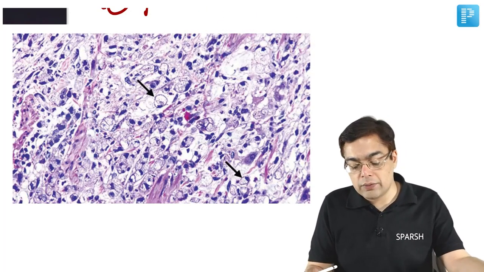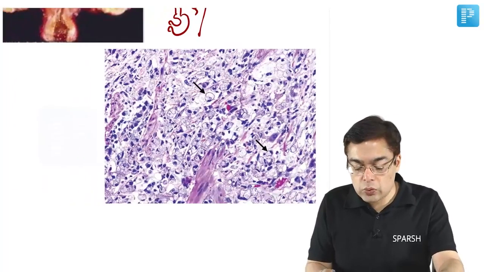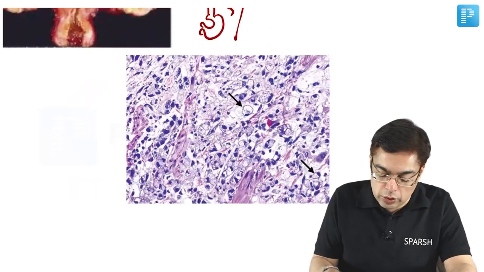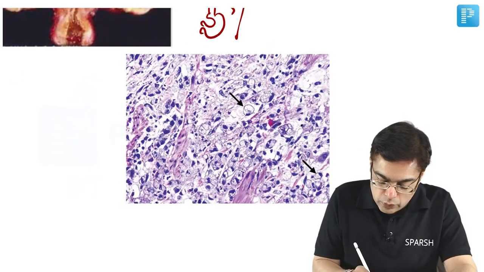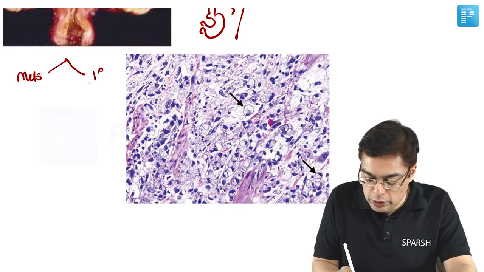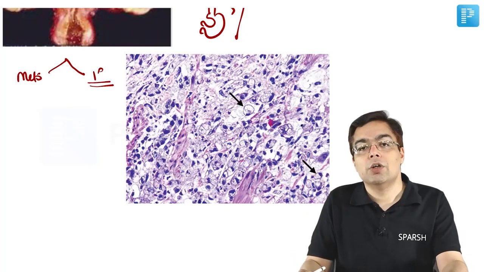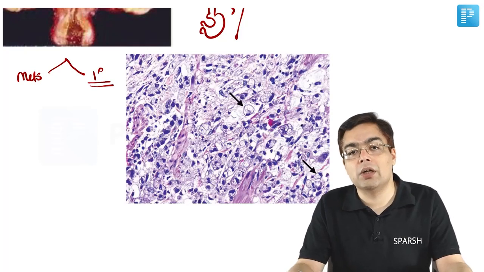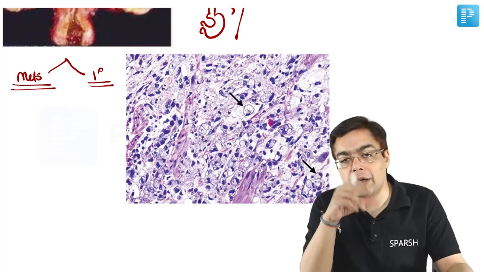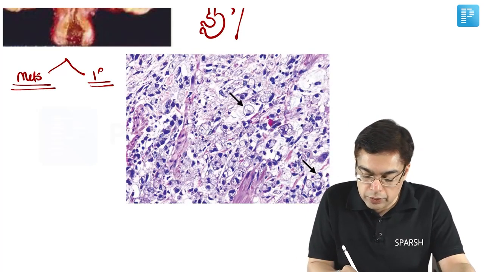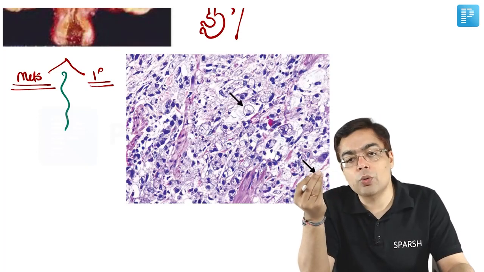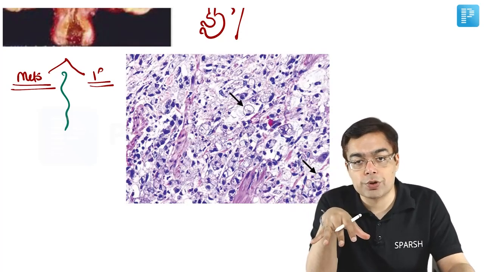Signet ring appearance. That is one important thing that I would like you to be familiar with over here. The second important fact is, how would you distinguish whether this is an example of a metastasis, or whether this is an example of a primary cancer which has just spread to this particular area. I just want you to be familiar with whether this is a primary tumor or a secondary tumor, because sometimes even ovarian adenomas could have the presence of mucin, right?